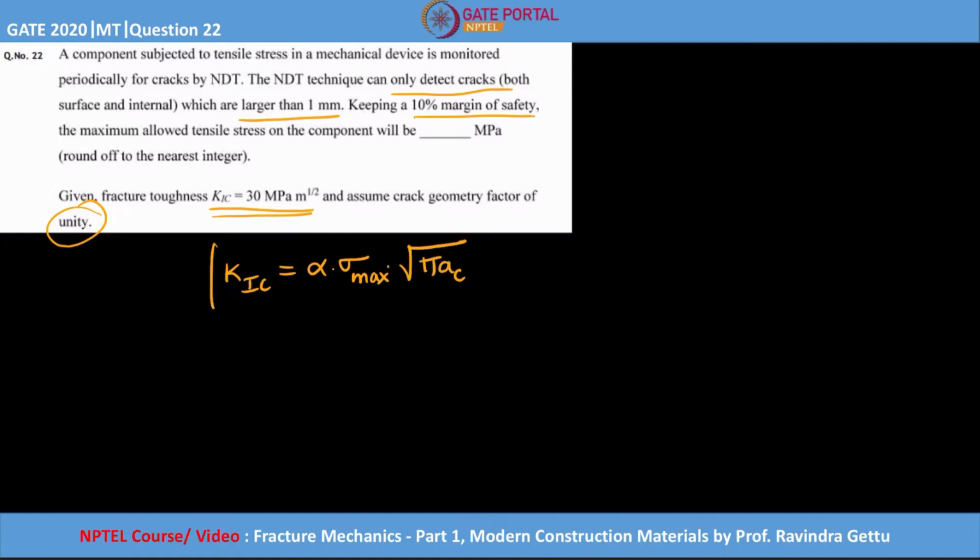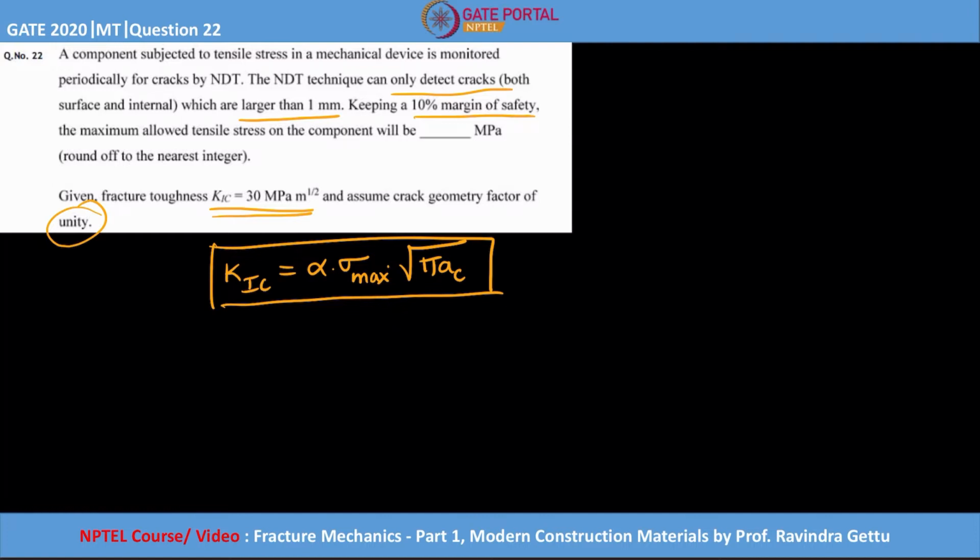Here alpha is the geometry factor, sigma max is the maximum stress experienced by the material, and AC is the maximum or critical crack length.